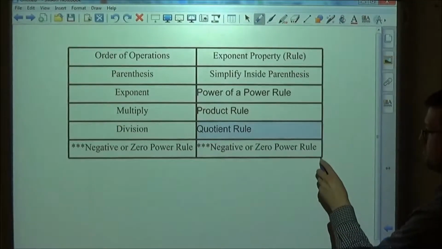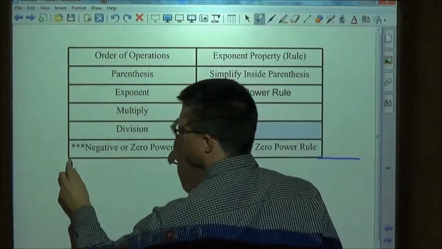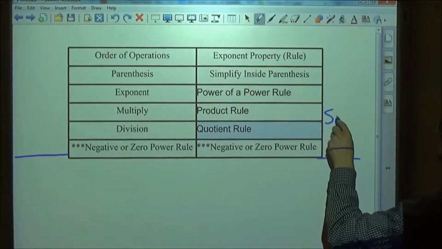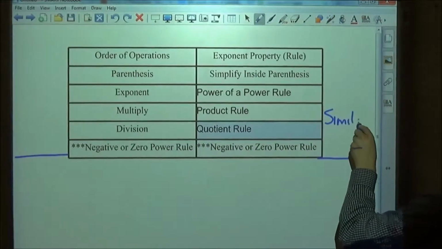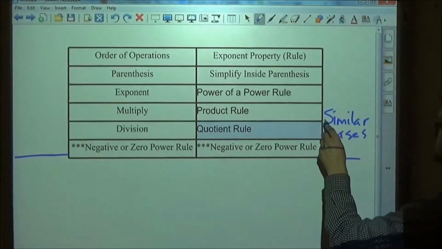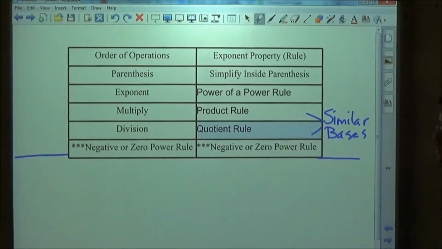Now keep in mind, in both the product and the quotient rule, you have to have similar bases. You can't apply those rules to things that don't have similar bases.